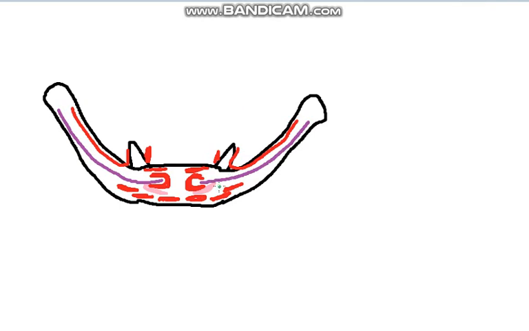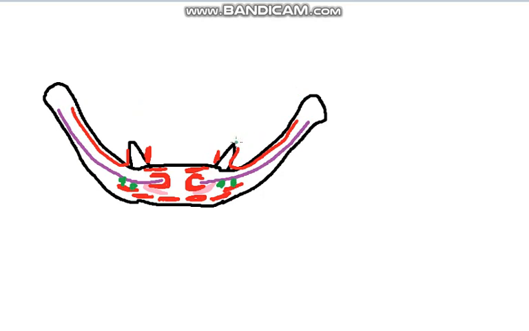Now the stylohyoid here is rather fibrous, and it is splitting into a double point attachment. So you have the stylohyoid muscle over here, and actually this split attachment is going to provide a loop for the passage of the intermediate tendon of the digastric.